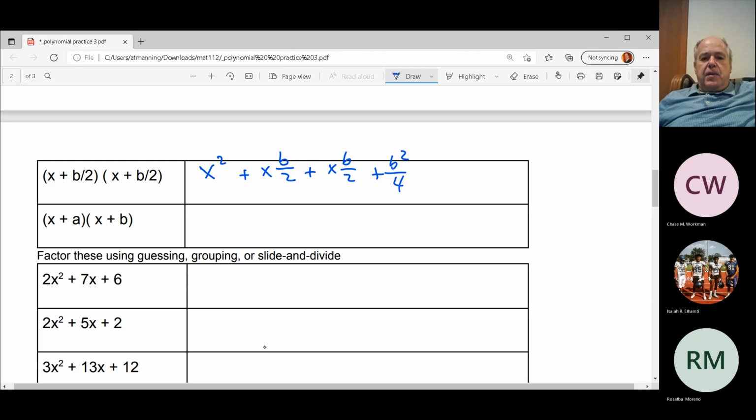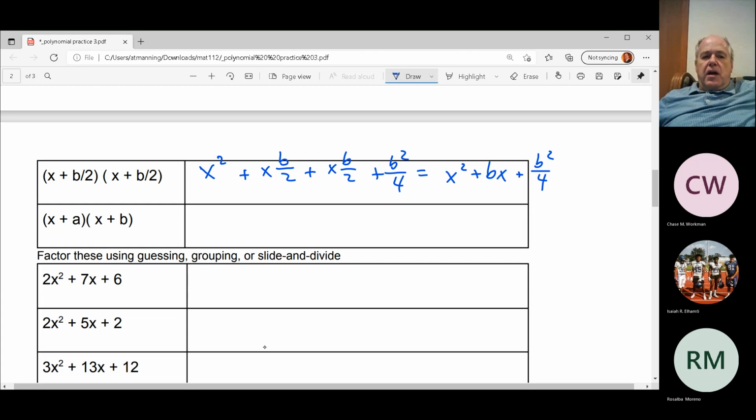Well, x times half of b plus another x times half of b is equal to x squared plus bx plus b squared over 4. So if I ever see this, I know that that's going to be x plus half of b, squared. And that'll come in handy. That's actually part of how they derived the quadratic formula.